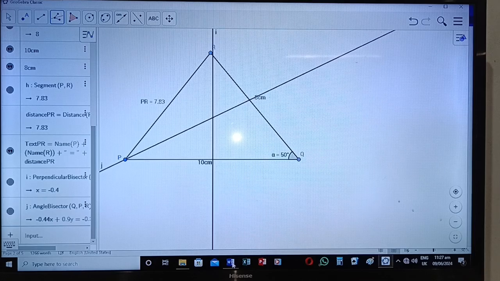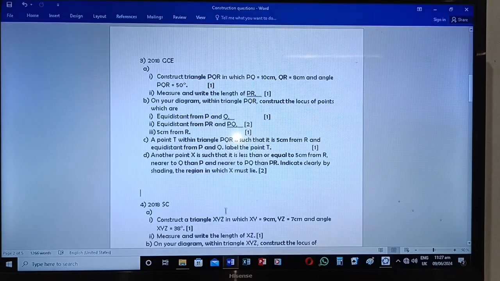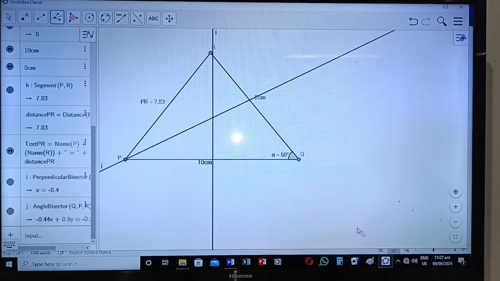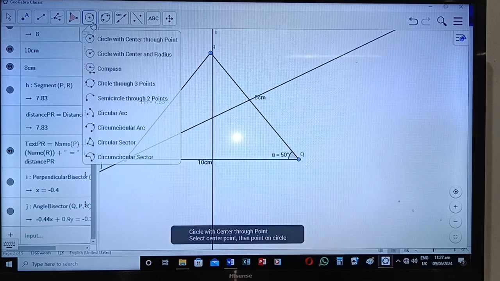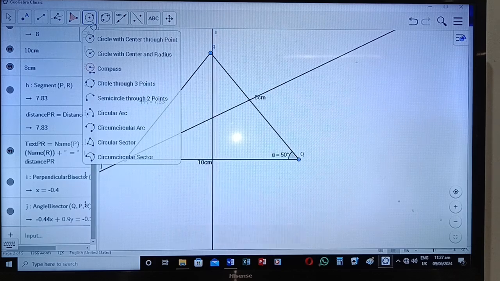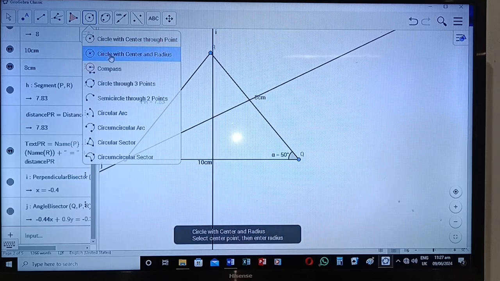Okay, the other locus is 5 centimeters from R. So we go to GeoGebra, R is there, 5 centimeters from R. That's basically a circle of radius 5. So we come here, a circle with center and radius.